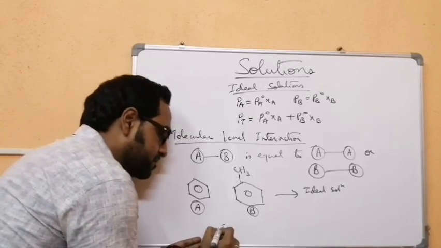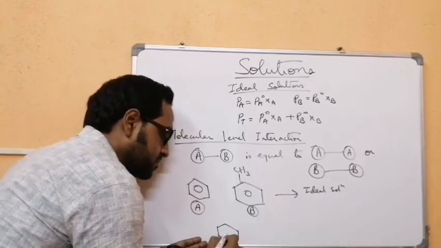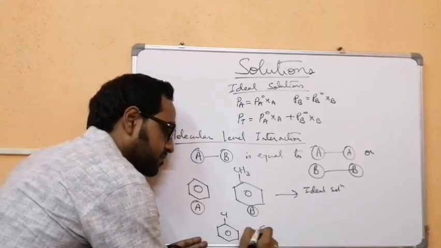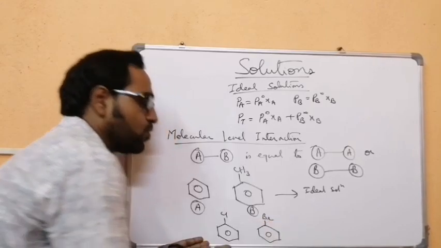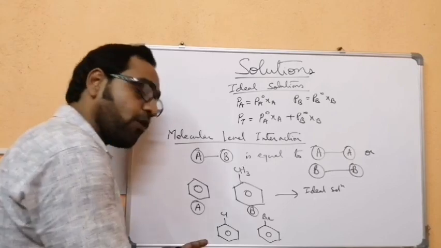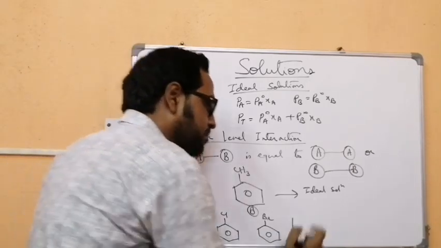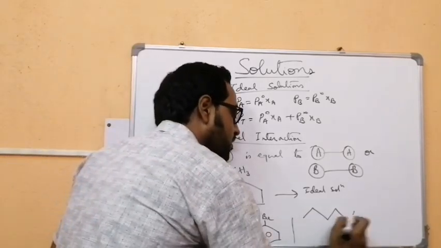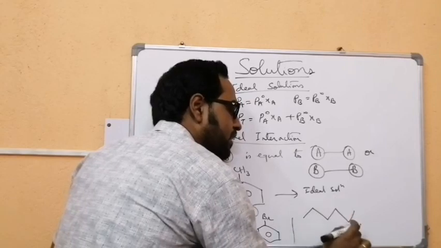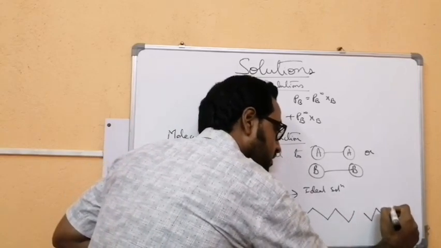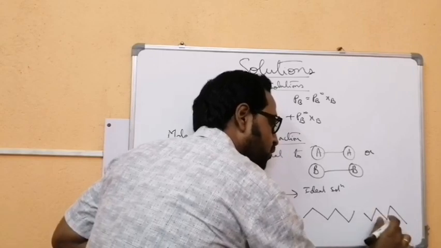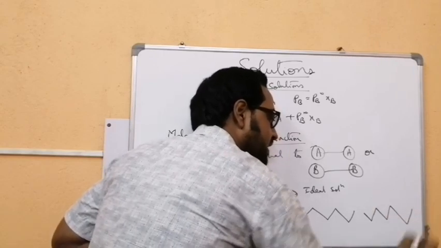Another example: chlorobenzene and bromobenzene will form ideal solution. Another example, hexane with 6 carbons and heptane with 7 carbons.